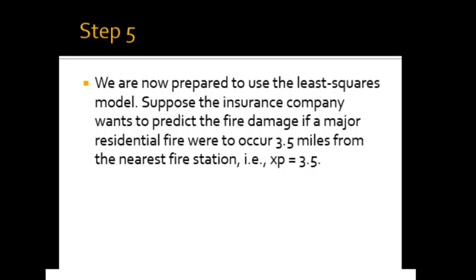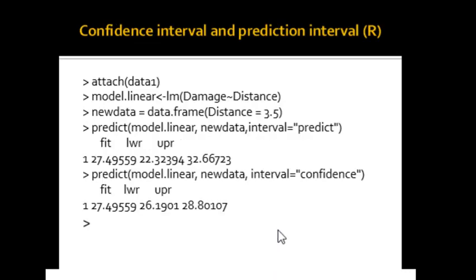So let's say there is a residential fire at 3.5 miles. What would be the predicted fire damage that the insurance company can use? So plug in 3.5. Again, you can find this code attached along with the PowerPoint lectures and also in the video. If you choose distance at 3.5, then the point estimate is 27.49.